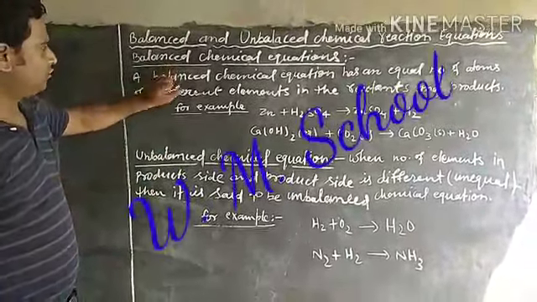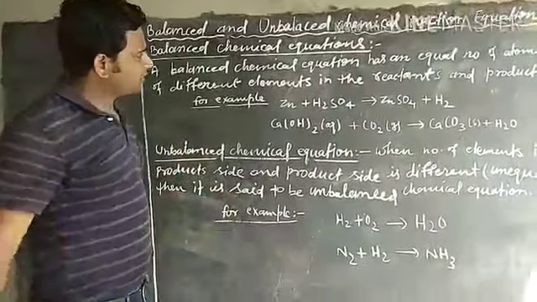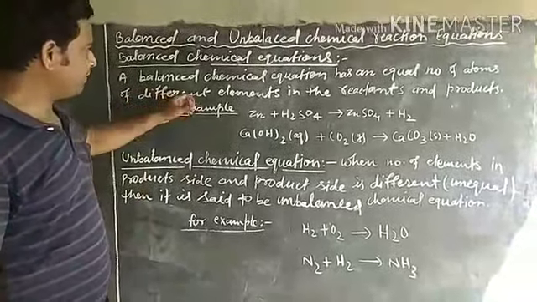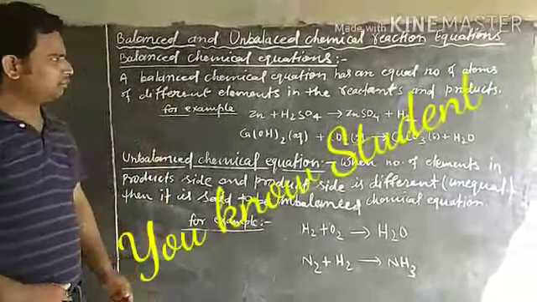Balanced chemical equation. A balanced chemical equation has an equal number of atoms of different elements in the reactants and products.